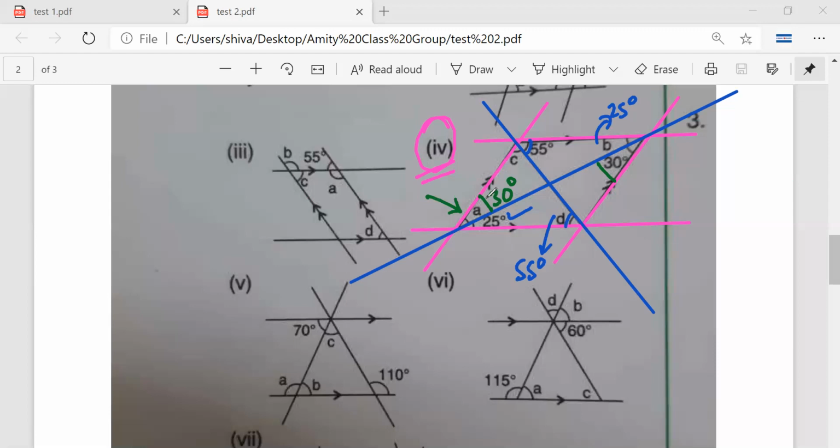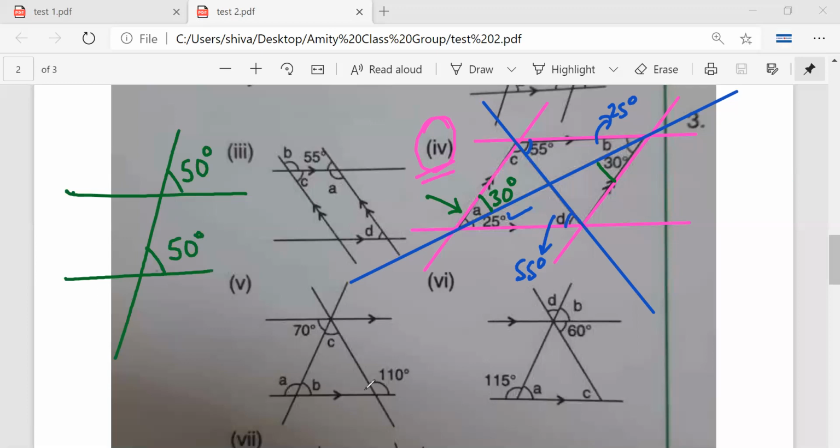Mr. Sarthak. Okay. Now another thing that you can understand is just try to understand this. If you have any doubt, please ask me. See, if this is 50 degree, Mr. Satya, what will this be? 50 degree. Why?